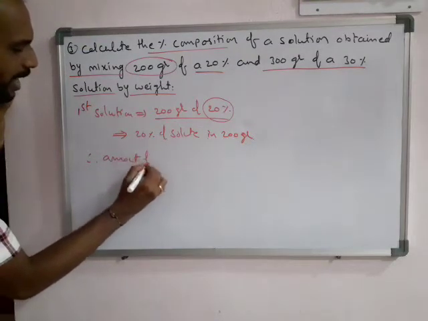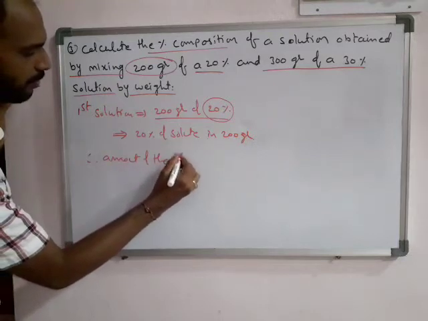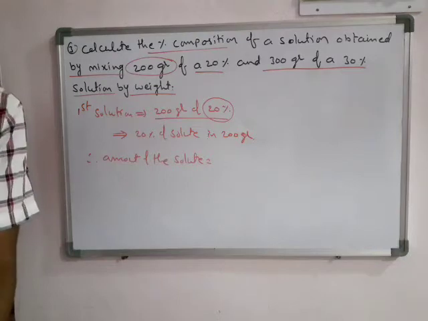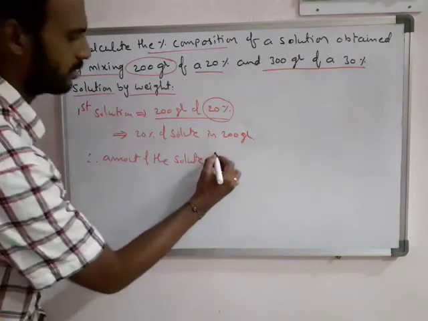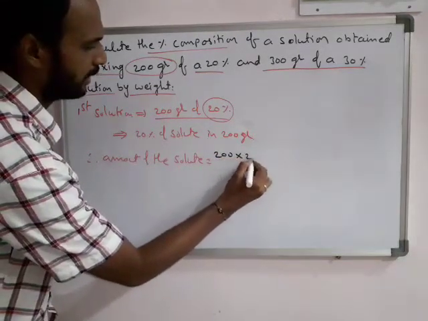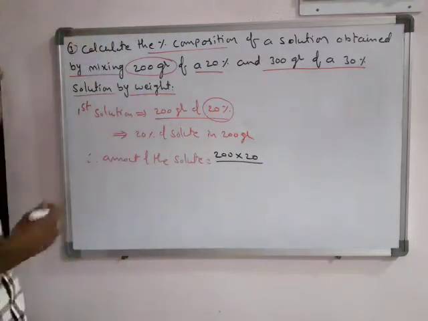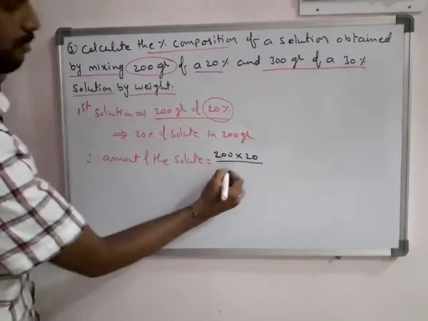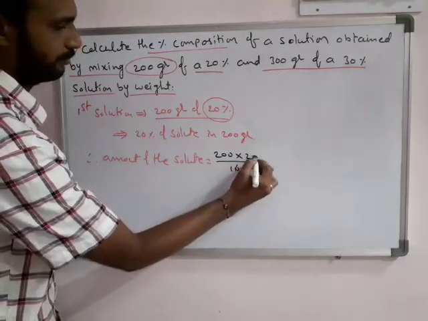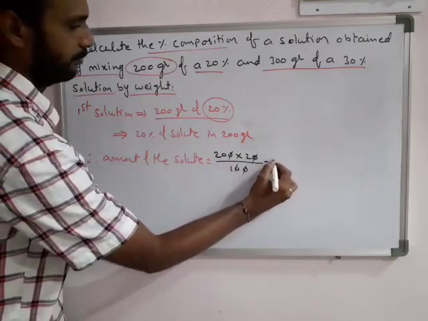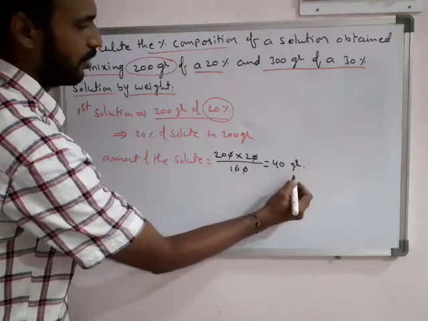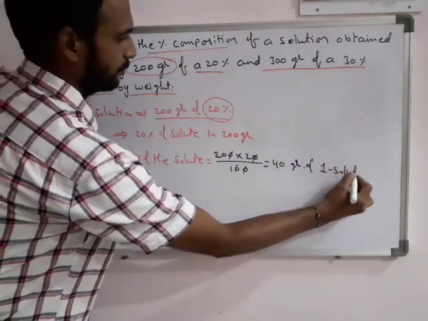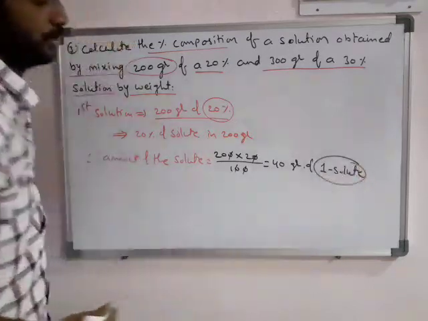So therefore we can write the amount of the solute: 20% in 200 is present. So what is the weight of solute now? 40 grams of first solute.